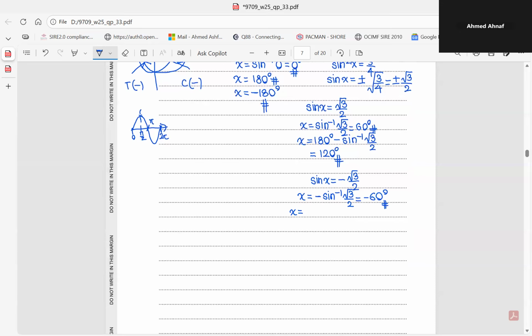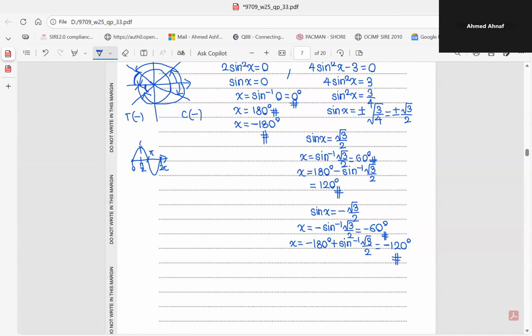Okay, so this is just going to be minus 180 degrees plus the basic angle, sine inverse square root 3 over 2, and you would get minus 120 degrees. So these would be our two angles for sine x equals negative square root 3 over 2.